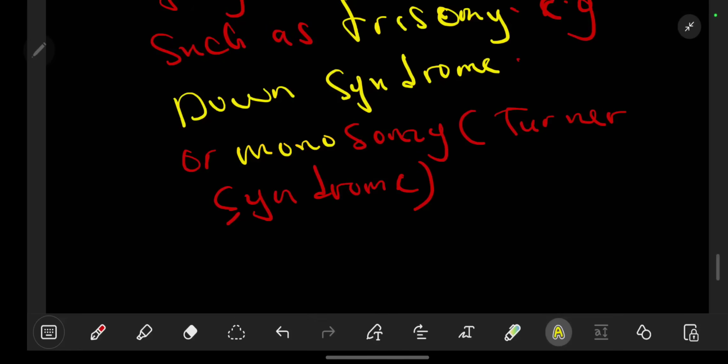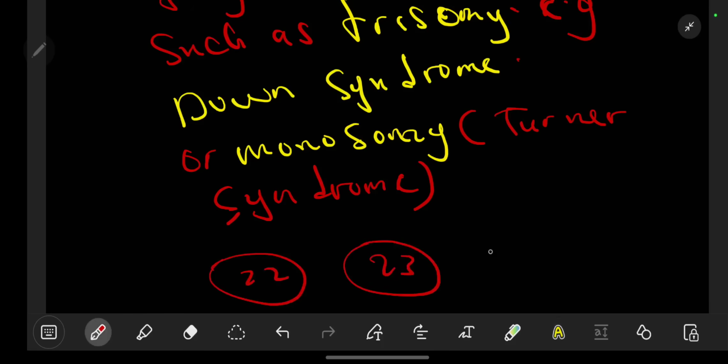Or we might have monosomy, where someone has less number of chromosomes. Like if one has got 22, the other one has got 23, when they add up, they make 45. We can have situations such as Turner syndrome. Let's move on to the next question.